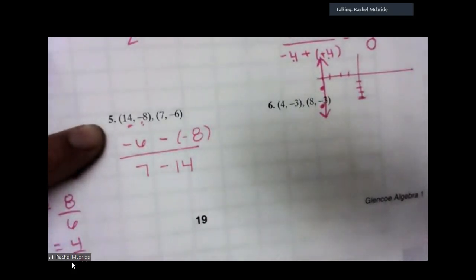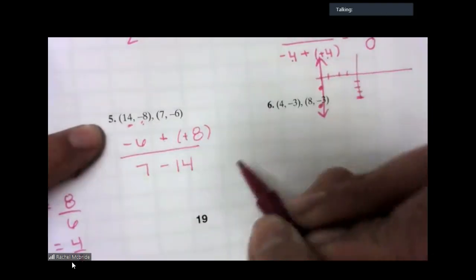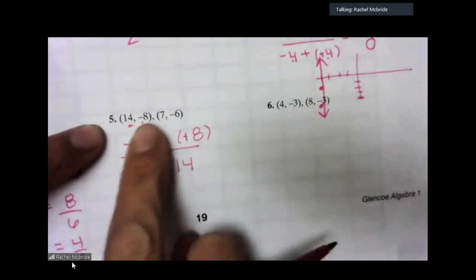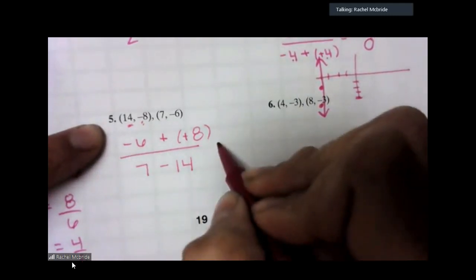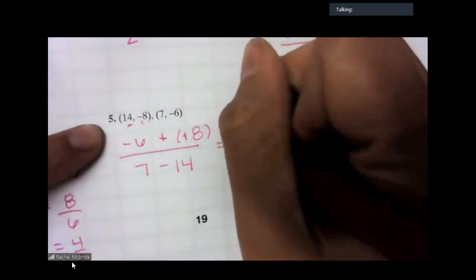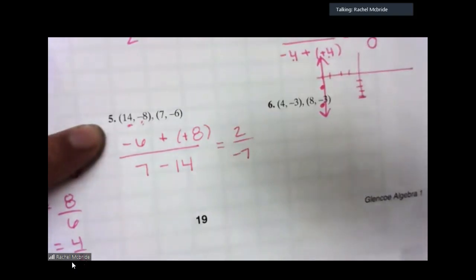So it should be 7 minus 14 on bottom. Okay, the negatives turn to a positive. 8 minus 6. Sierra, go ahead. Me as well.